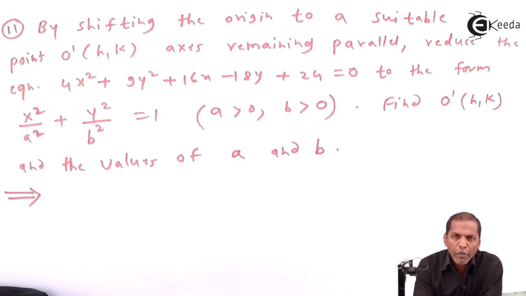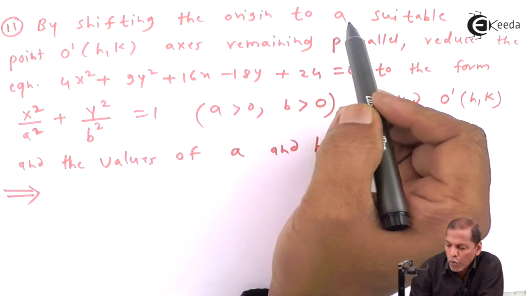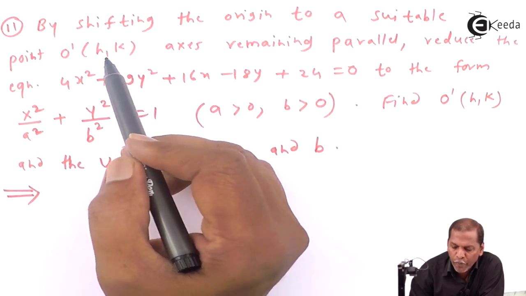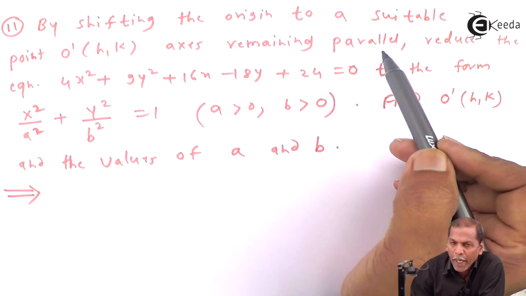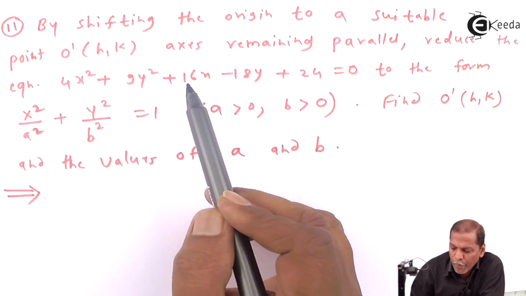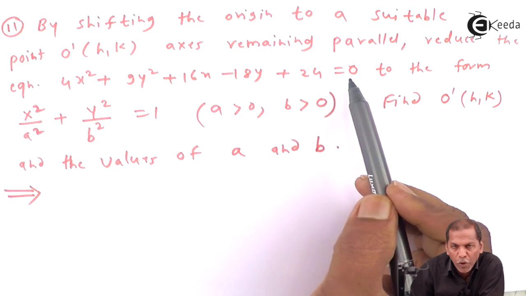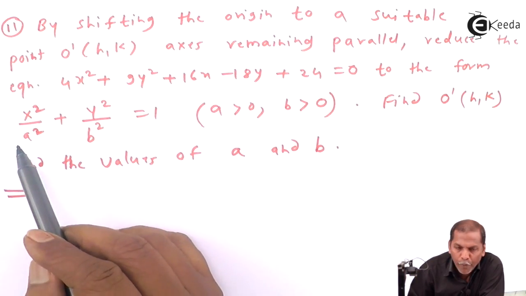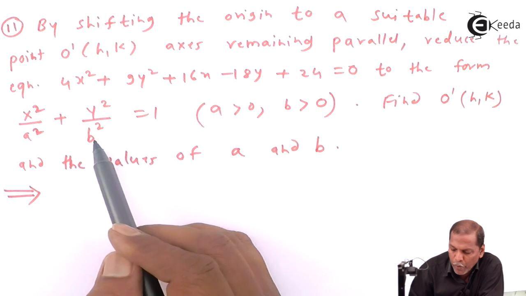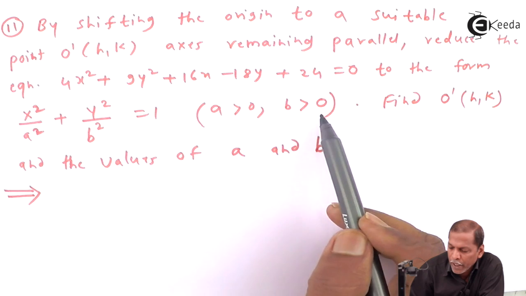Hello friends, now we see problem number 11, which is based on shift of origin of chapter Locus. The problem is: by shifting the origin to a suitable point O dash (h, k), axes remaining parallel, reduce the equation 4x square plus 9y square plus 16x minus 18y plus 24 is equal to 0 to the form x square upon a square plus y square upon b square is equal to 1, where a greater than 0, b greater than 0.